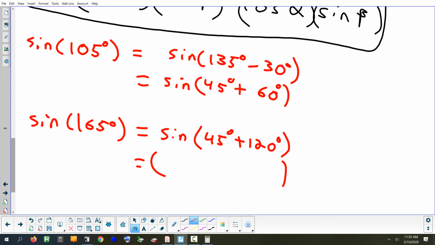But 165. And 210 minus 45. Yep. Sine 210 minus 45. Questions on it?